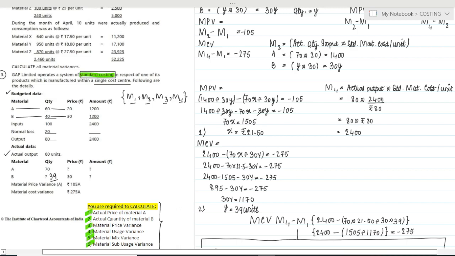There are five components of material variances, but in this question the information is missing. Okay, it means you have to calculate all the missing information relating to actual data. Like in case of material B, the quantity is missing, and in case of material A, the price is missing. So you have to find both the missing figures.